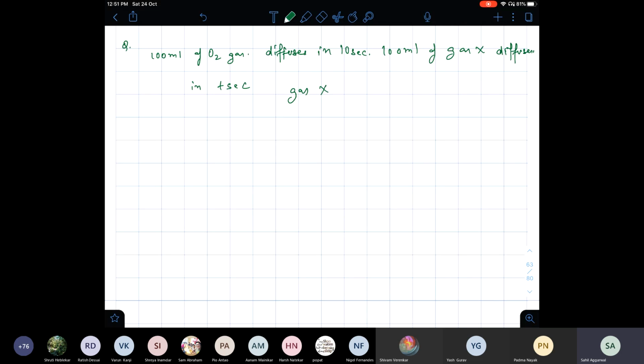Gas X and time T will be H2 2.5 second, SO2 16 second, CO 10 second, helium 4 second.